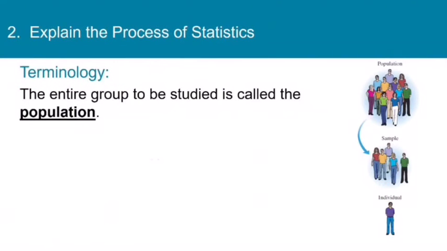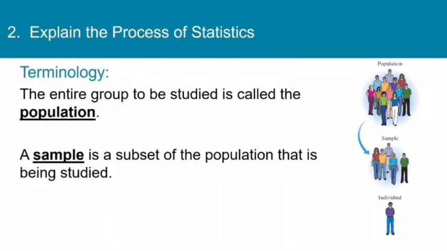Now let's nail down a little terminology. I've been throwing around the words population and sample, so let's get definitions for those. The entire group to be studied is called the population. So the population includes everyone whose characteristics are of interest to you at the moment. And then a sample is a subset of the population being studied.